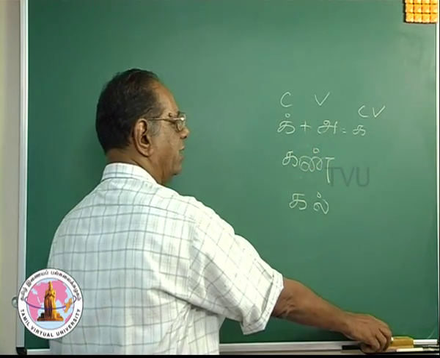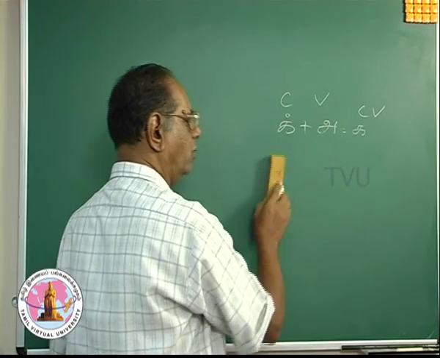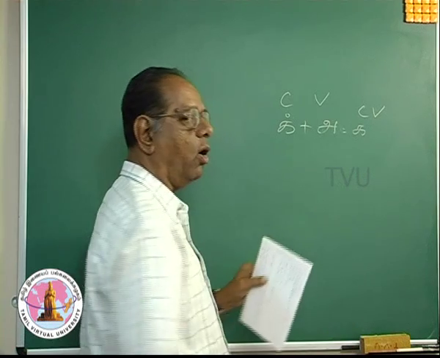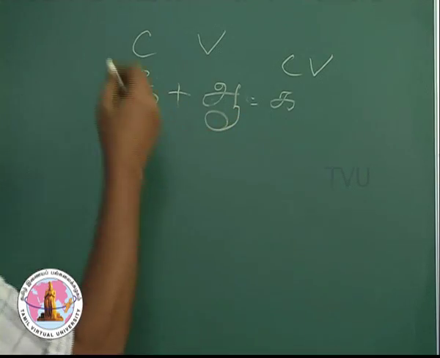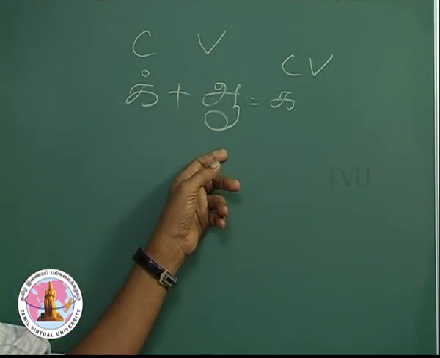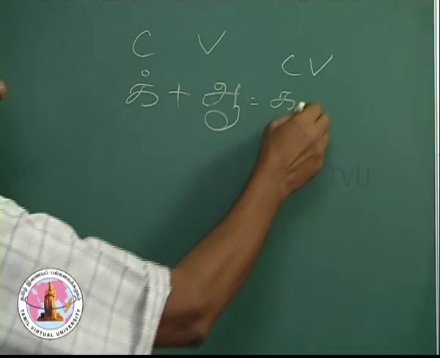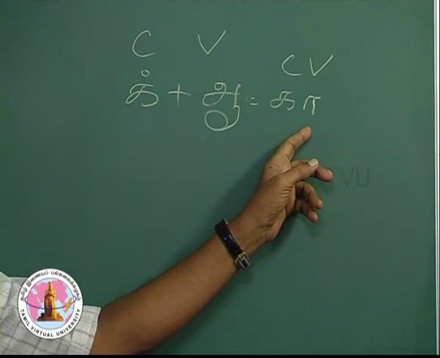We proceeded further and then went on to add the long vowel o. Ik plus o became ka. This is elongated.